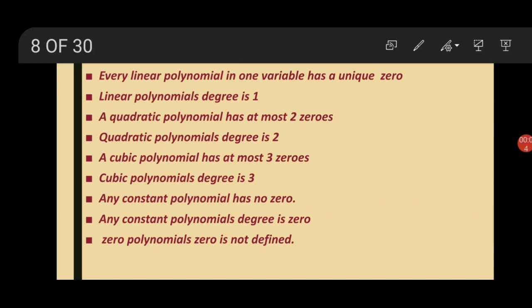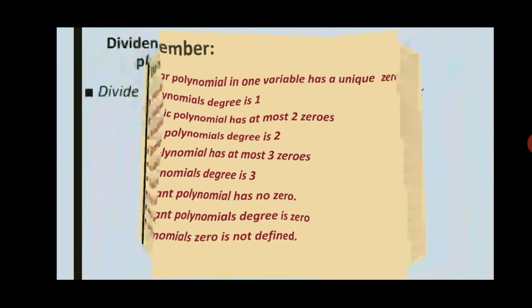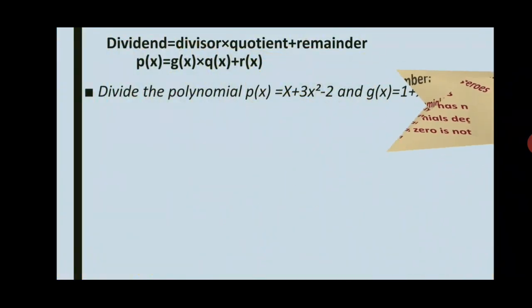Yes, children, can you recall the relationship between remainder, quotient, divisor and the dividend? Yes, you are right. It is given by dividend is equal to divisor into quotient plus remainder. If we apply the same to two polynomials p of x and g of x, then we will get some quotient q of x and remainder r of x.